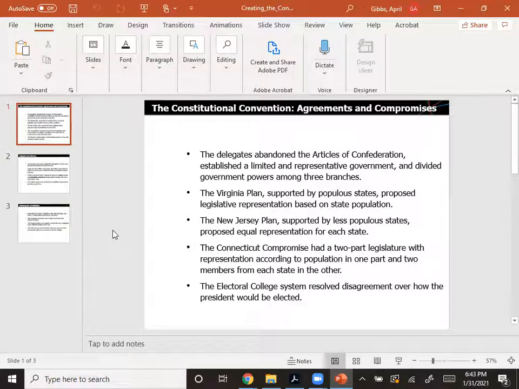The New Jersey Plan, supported by the less populous states, proposed equal representation for each state. The Connecticut Compromise had a two-part legislature with representation according to population in one part and two members from each state in the other. The electoral system resolved disagreement over how the president would be elected.